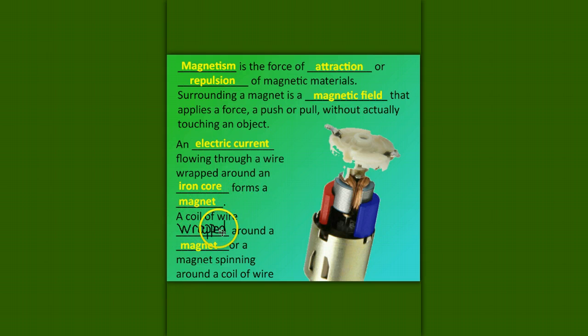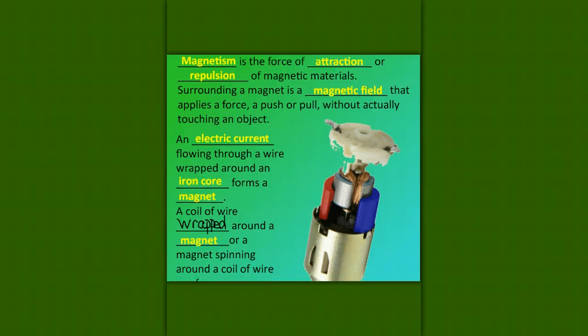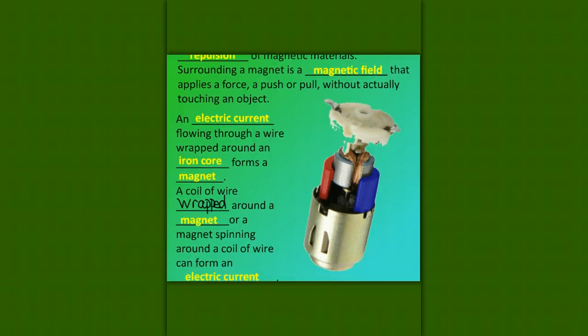A coil of wire wrapped around a magnet, or a magnet spinning around a coil of wire, can form an electric current. I had to write the word in for wrapped because I accidentally erased it. Sorry. Anyway, an electric current flowing through a wire wrapped around an iron core forms a magnet.